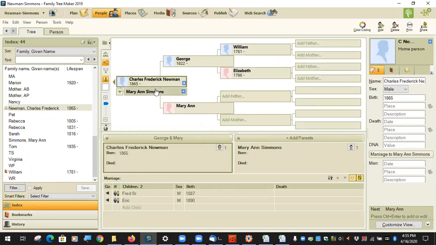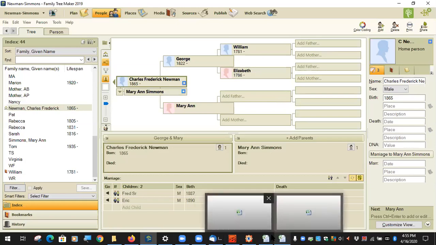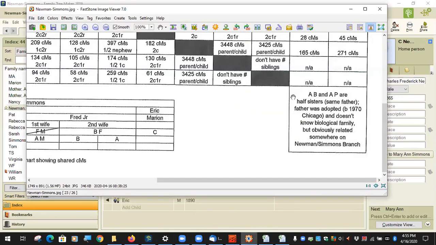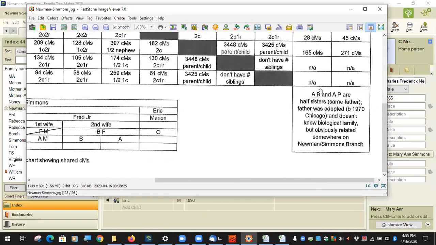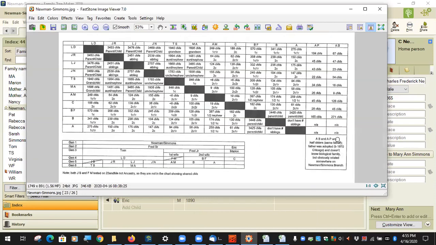Now I want to try and find, I mean, we don't have any DNA data on the father, but just on AB and AP we do. So we don't want to try to place AB or AP.